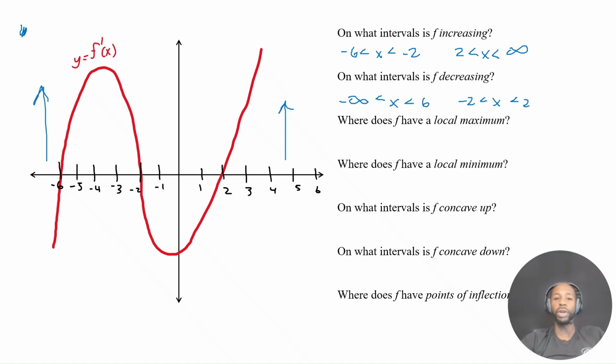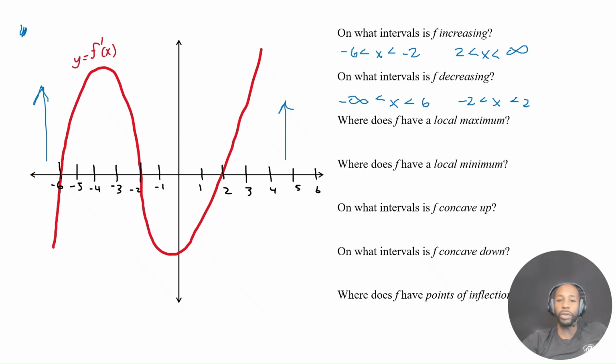Where on this first derivative graph is it equal to 0? It's equal to 0 everywhere it crosses the x-axis, right? Because that's where y is equal to 0. But specifically, it has a maximum when the first derivative is positive, then goes to 0 and goes to negative. So where is the first derivative positive and then it goes to negative?